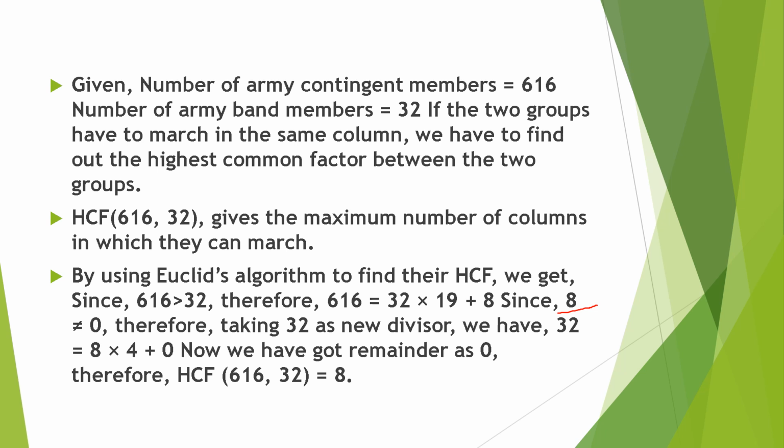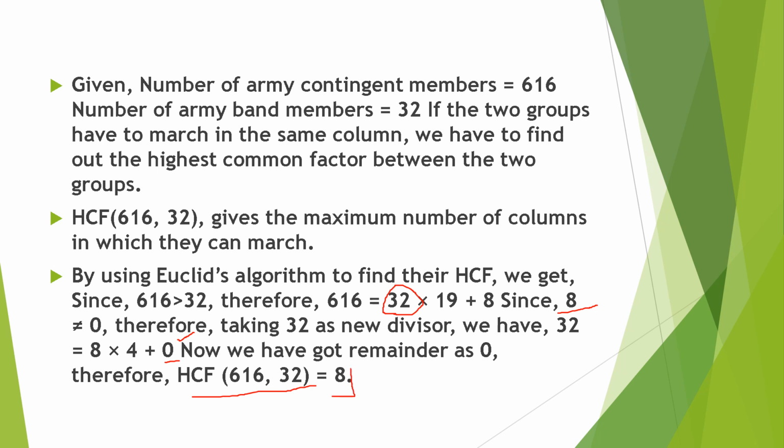Now we are going to consider 32, and the remainder 8. 8 into how many times? 8 4s are 32. We are getting the remainder 0. The condition is satisfied here. Therefore, the HCF of 616 and 32 is 8.